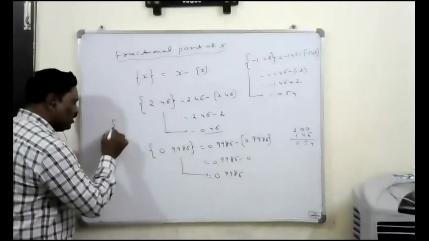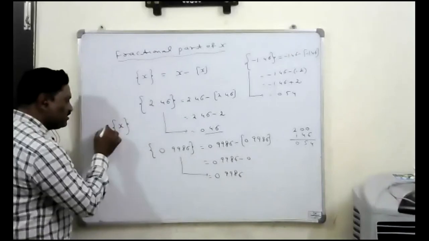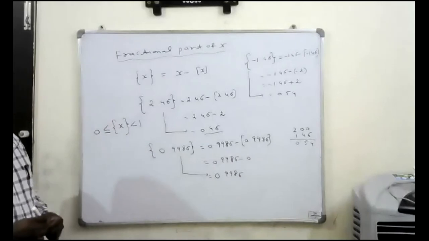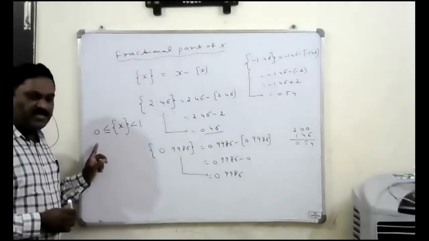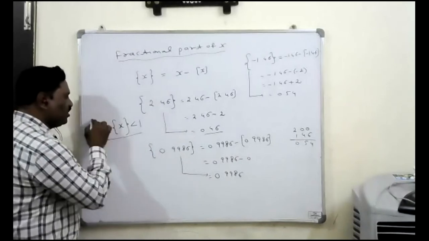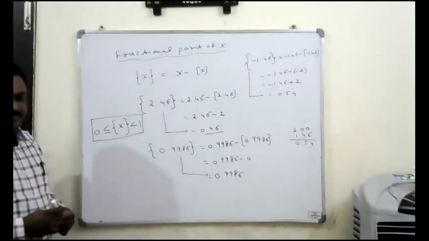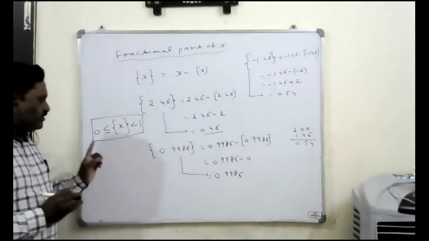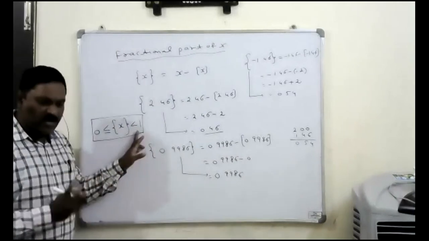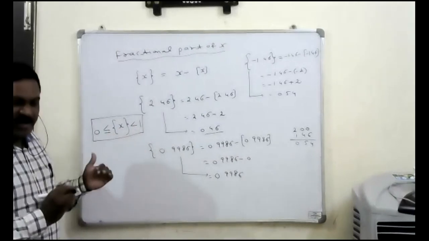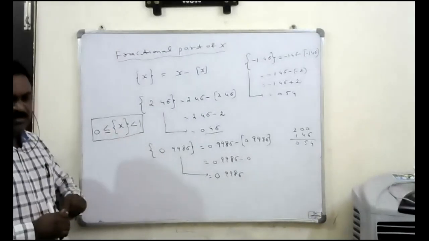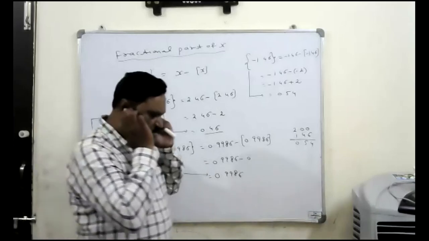That's why the fractional part of x always lies between 0 and 1. We call this the range of the fractional part of x. It never gives more than 1 and never gives equal to 1. It always gives a very small decimal value between 0 and 1. Understand? Okay.